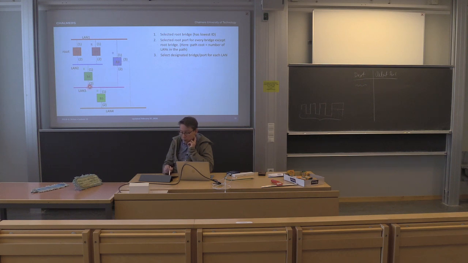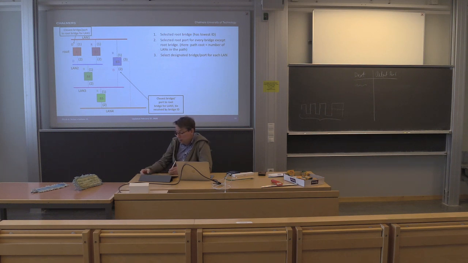To go over B4, it needs to go over 1 LAN to reach the bridge. If it goes over B3, it needs to go over 1 LAN to reach the bridge. So which one should it choose? Well, then it chooses the one with the lowest bridge ID. So B3 is the winner here, because it has the closest path to the root, and it has a lower ID than this one, which also has the same cost path to the root from LAN 3.